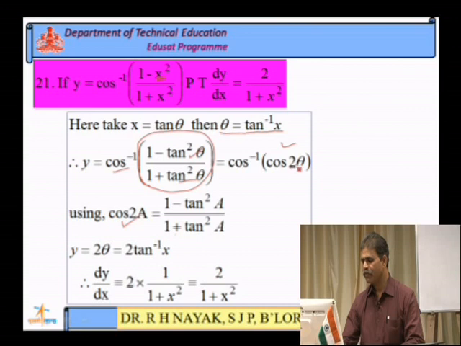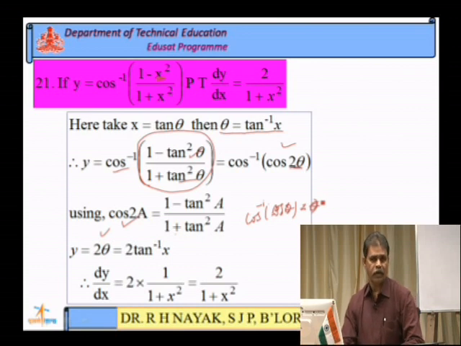Cos inverse of cos 2 theta becomes 2 theta because cos inverse of cos theta is equal to theta only.